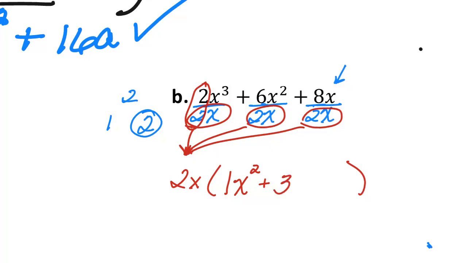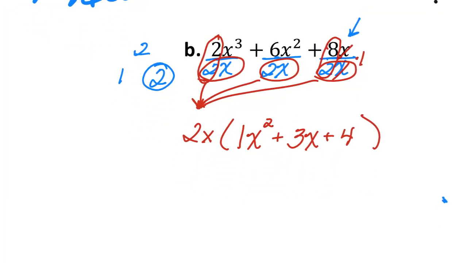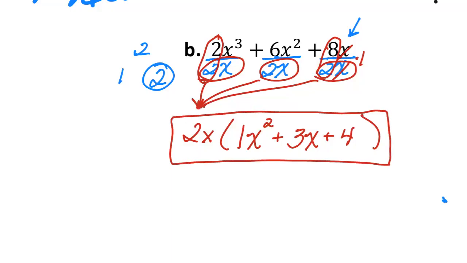X to the second divided by x: how many x's do I have left? 1. And 8 divided by 2 is 4. And x divided by x is not 0. 0 x's left, but x divided by x is 1. So this is the factoring of that trinomial above.